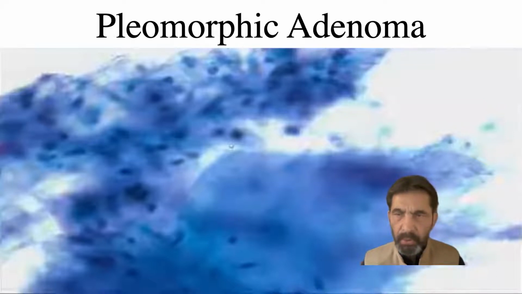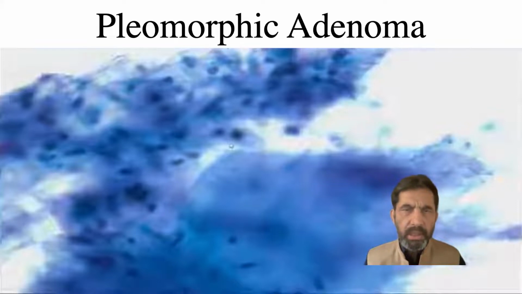So almost three morphologies are seen here. This morphology, as we have seen in picture C, is mostly due to the myxoid background.